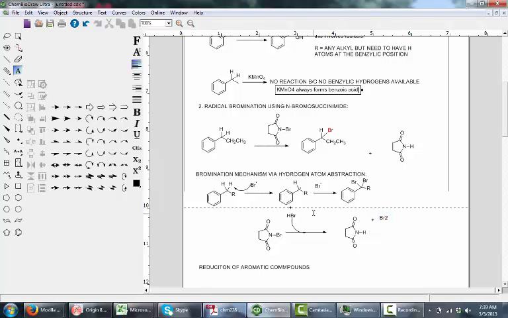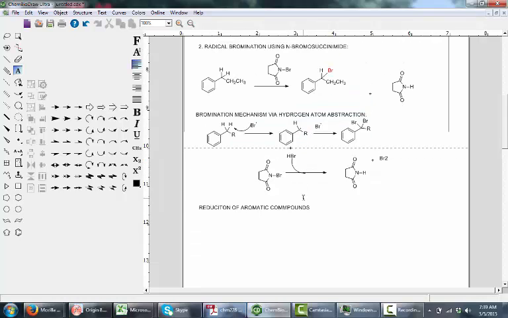You can go through your book and figure out what that radical chain reaction is, but it's certainly useful to note that once you put an alkyl group with benzylic protons onto a benzene ring, that proximity to the benzene ring makes them able to lose a proton and form the radical, and then add the bromine radical there as well.